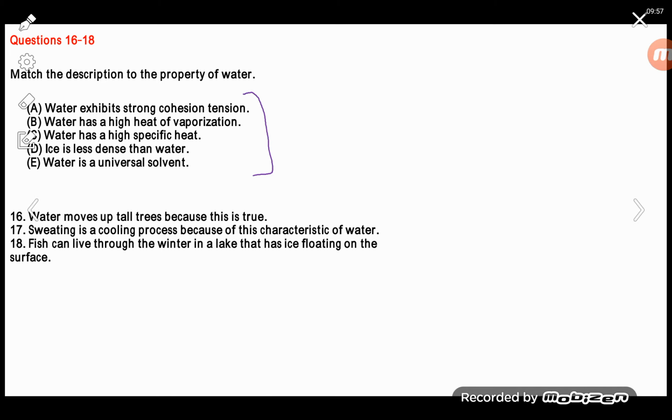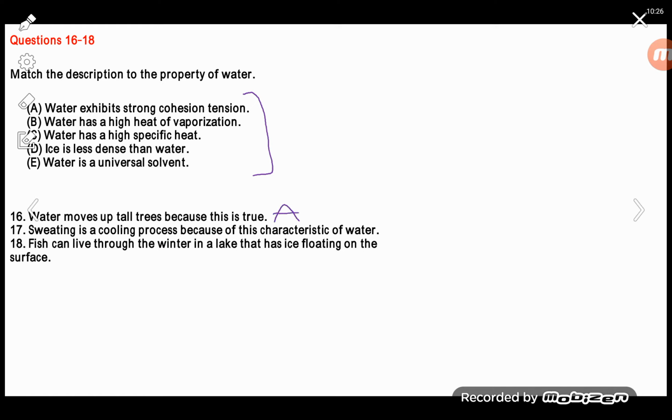So, in question number 16, it says water moves up tall trees because this is true. So, which one is related to the movement of water, guys? We have water exhibits strong cohesion tension. Yes, this is related to the movement of the water into the trees. Okay, so the answer will be A.